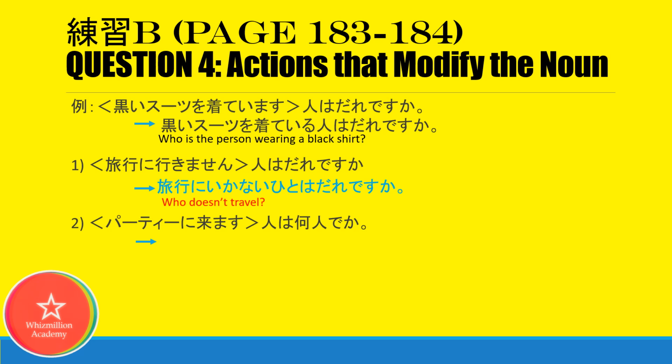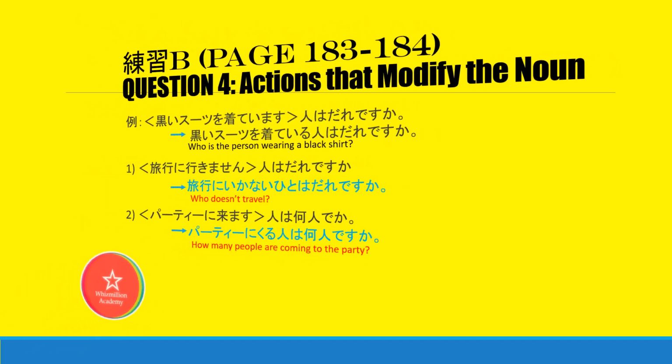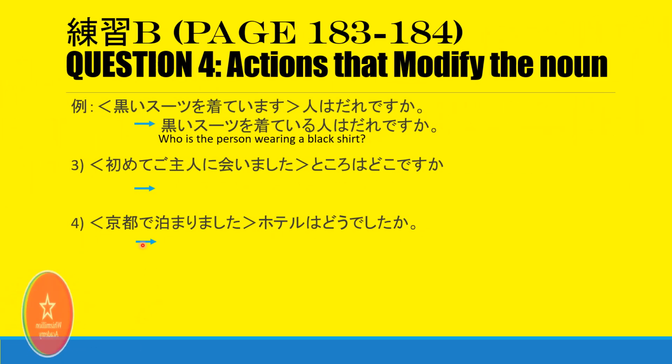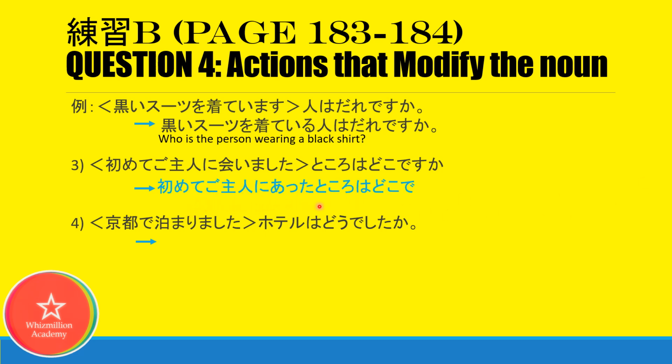Question number 2. パーティーに行きます。人は何ですか? パーティーに来る人は何ですか? How many people are coming to the party? Okay. Question number 3. 初めてご主人に会いました。ところはどこですか? 初めてご主人に会ったところはどこですか?